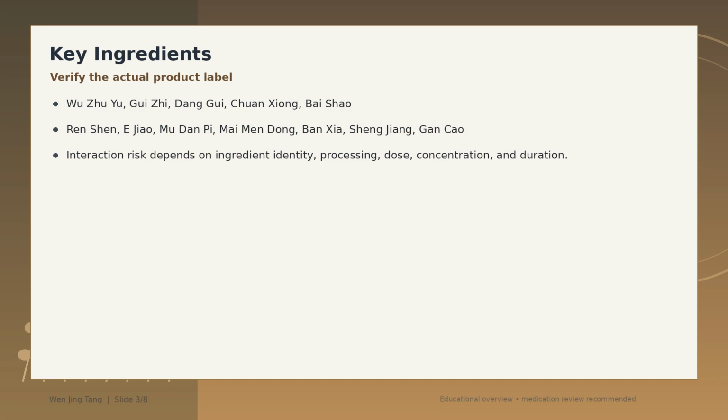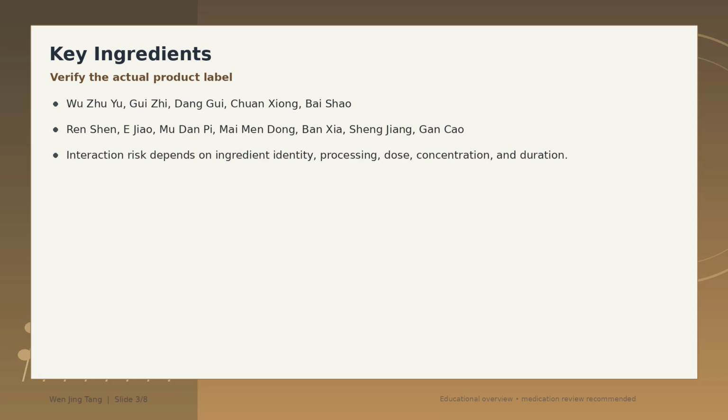Key herbs commonly associated with this formula include Wu Zhu Yu, Gui Zhi, Dang Gui, Chuan Xiong, Bai Shao, Ren Shen, E Jiao, Mu Dan Pi, Mai Men Dong, Ban Xia, Sheng Jiang, Gan Cao. In classical formula analysis, some herbs address the principal mechanism, others support the chief action, and others harmonize or direct the prescription.